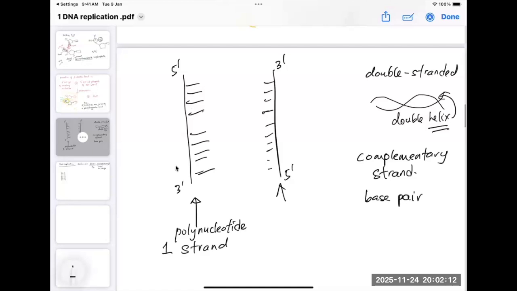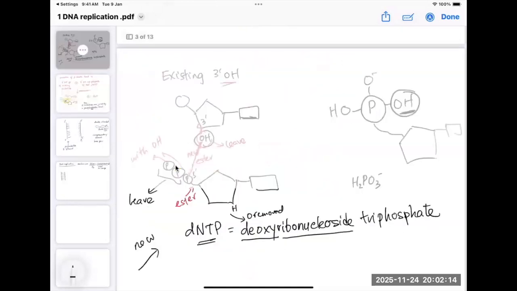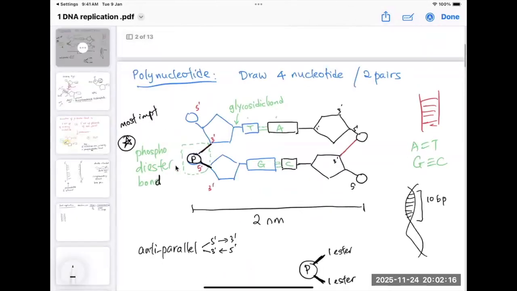Like that is a base pair. Like that is a nucleotide pair. So you see the change in the word.